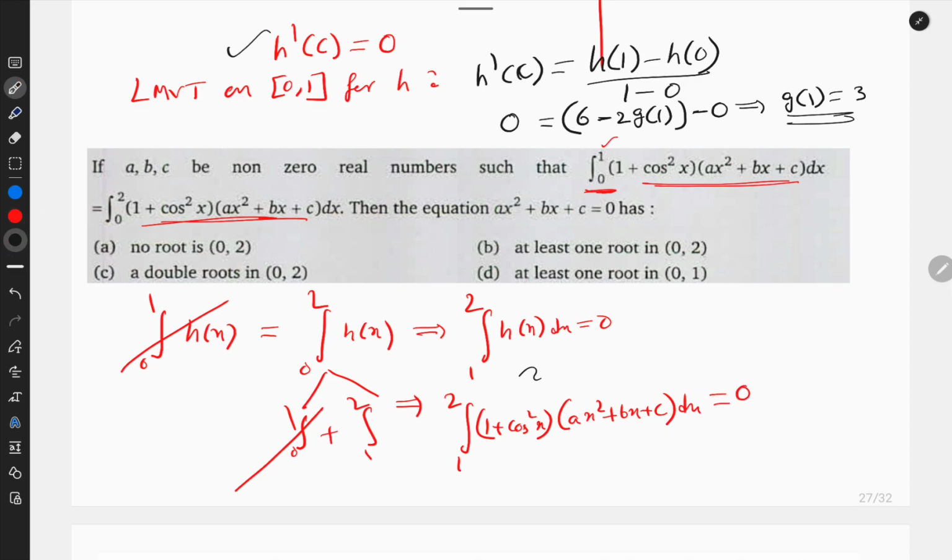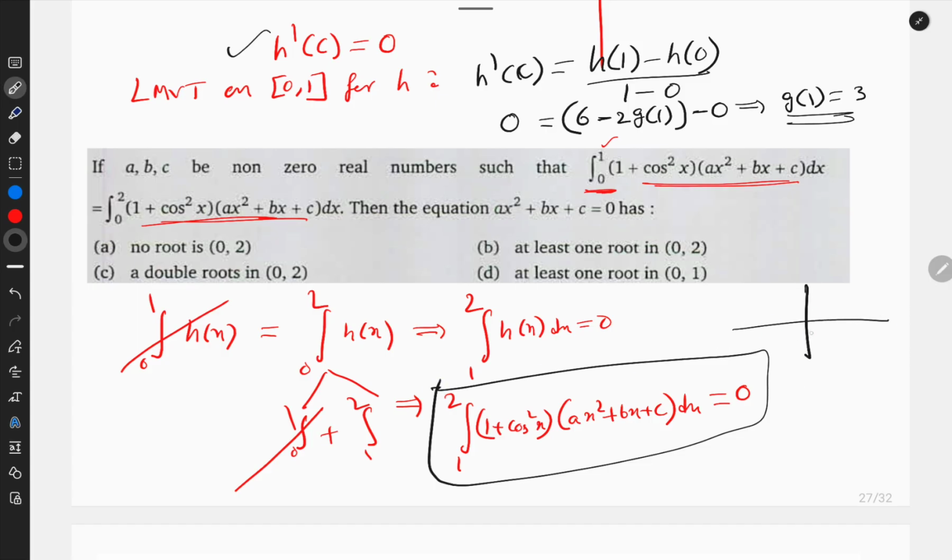Whenever a definite integration value is 0, what is the meaning of that? Here, between the limits a to b, if that definite integration is 0, it means some part of the graph is positive and some part is negative, and there are equal amounts of areas. You will have positive area and negative area, they get cancelled and you are getting 0.